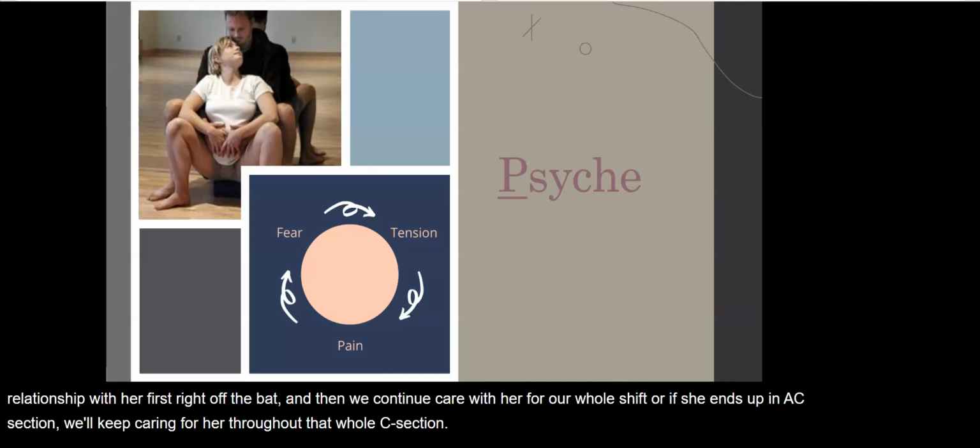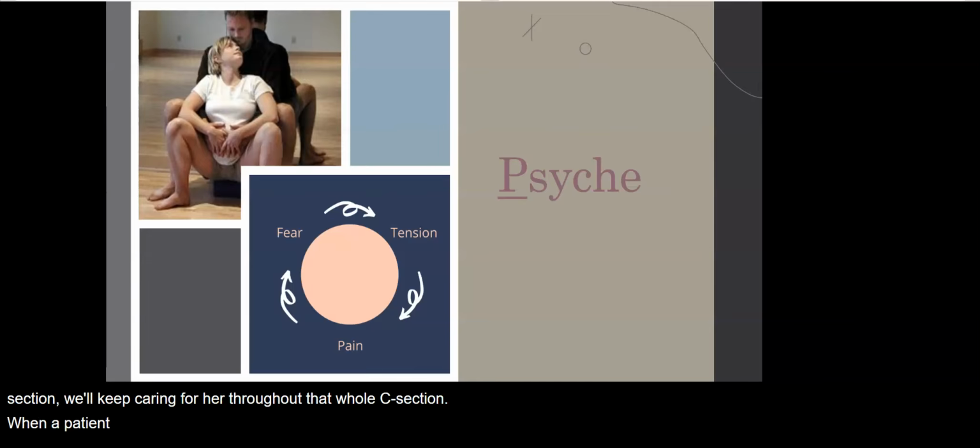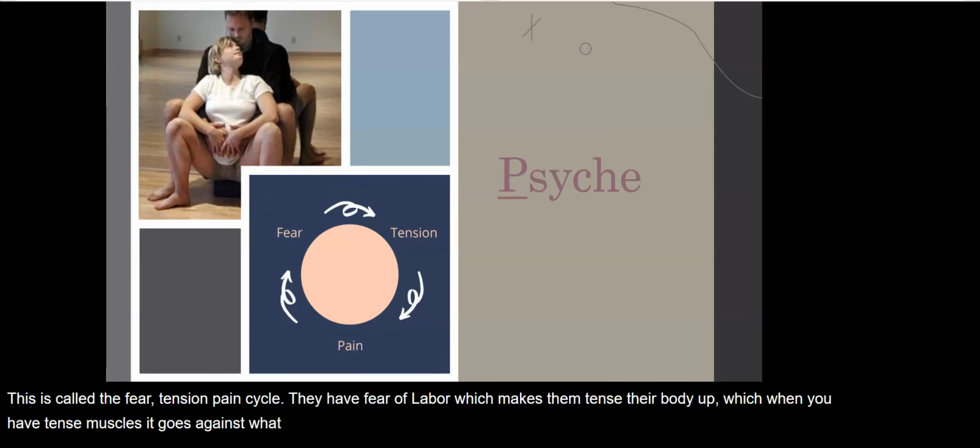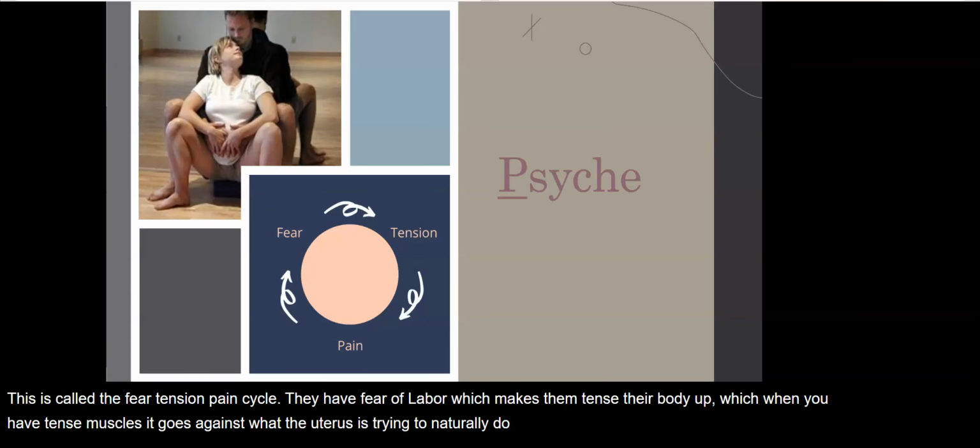When a patient is in labor, especially for the first time, they become fearful, okay? This is called the fear, tension, pain cycle. They have fear of labor, which makes them tense their body up, which, when you have tense muscles, goes against what the uterus is trying to naturally do, right? So that could interfere with our goal of a vaginal birth.